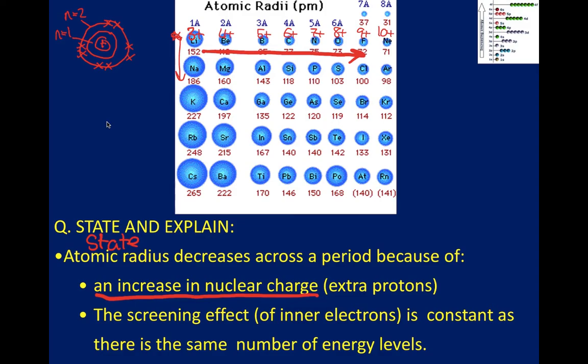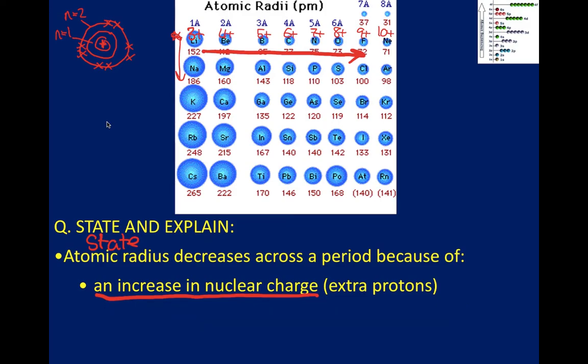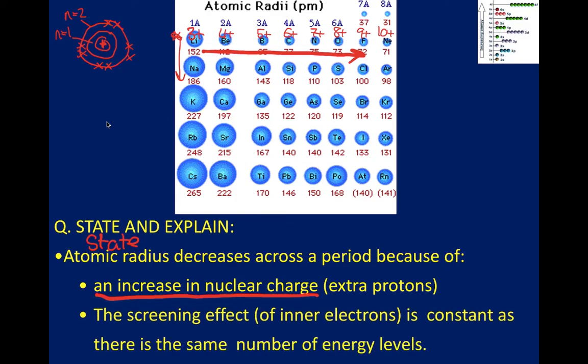So at the moment, if this is my nucleus, then n is equal to 1 is screening n is equal to 2. But every electron I'm adding here is going into the same energy level, so it's the same screening effect. Bear with me on that, and I'll explain it again in a little while. That's your state, and these are your explain: an increase in nuclear charge and your screening effect is constant. I will come back and explain this a little bit more.